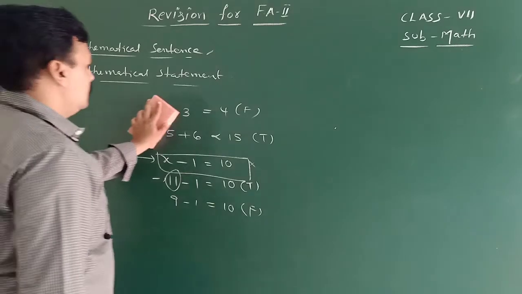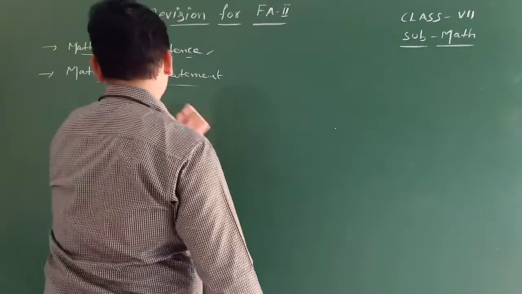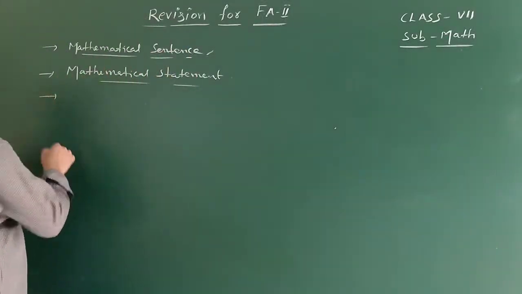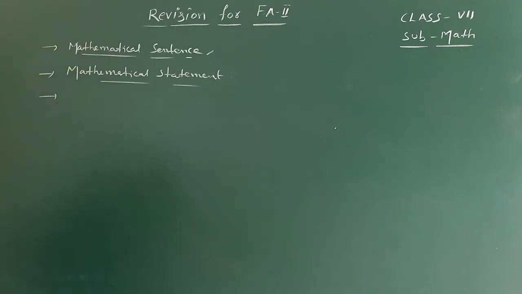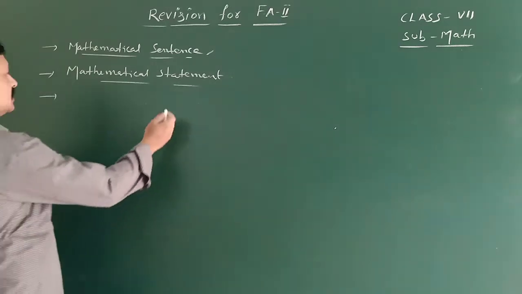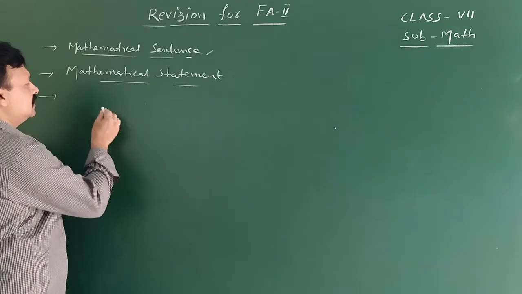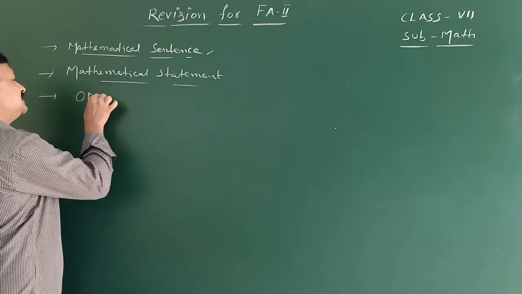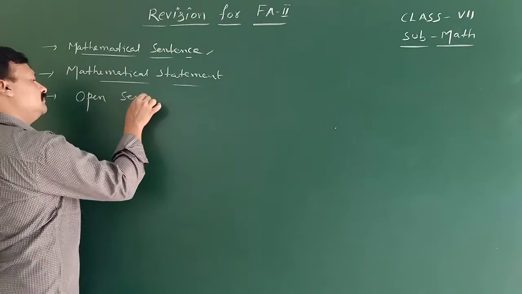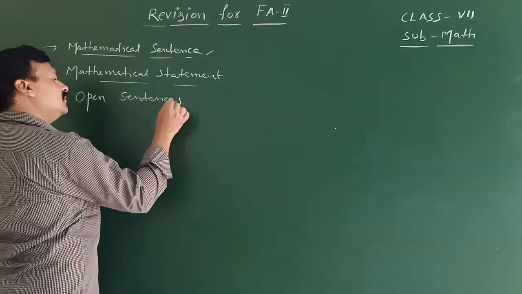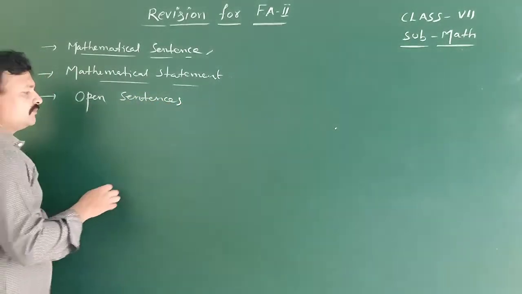Now, the given mathematical sentence which can't be judged either true or false is called an open sentence. Open sentences.